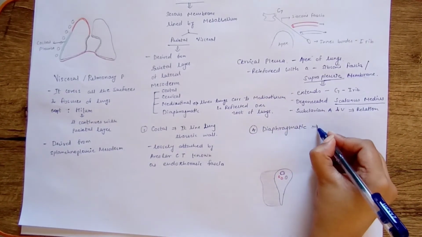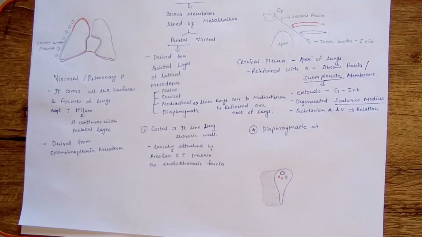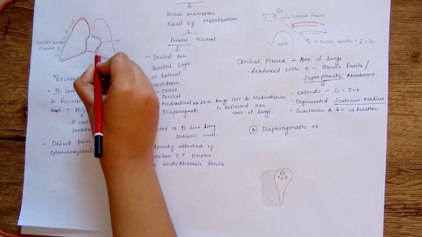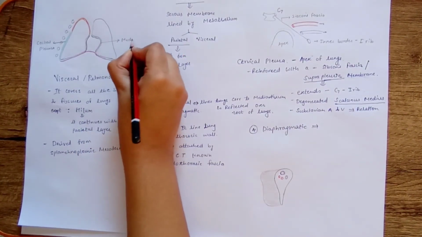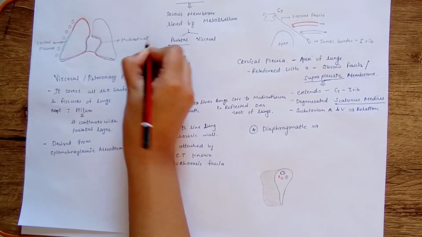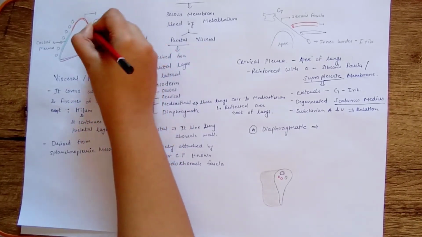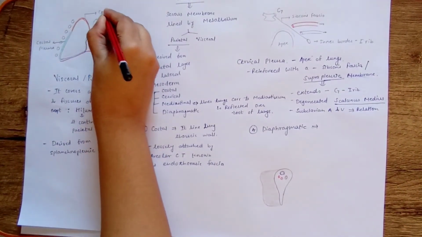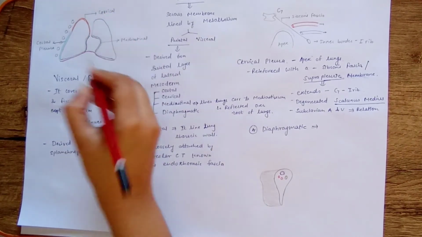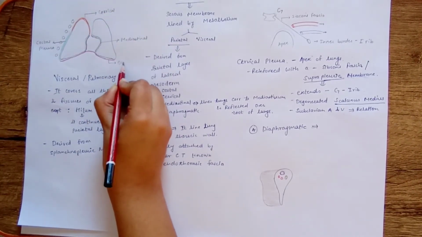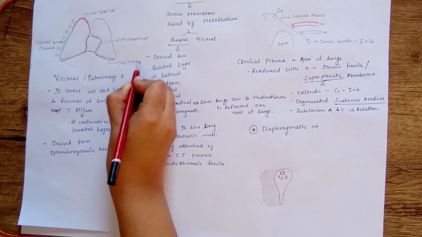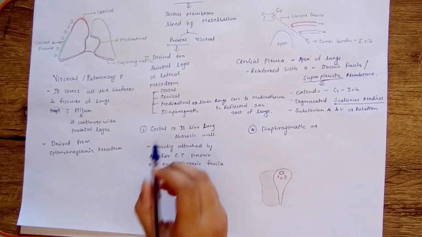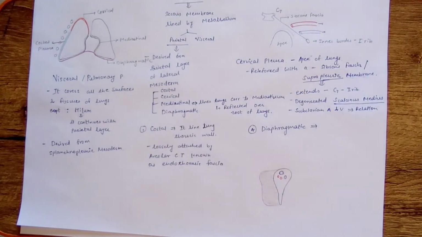It lines the lungs along the diaphragm. In this figure, see, the pleura lining the lungs corresponding to the mediastinum is the mediastinal pleura. This shown in the orange color is the cervical pleura. And here is the diaphragmatic pleura. So these are the different parts of the parietal pleura.